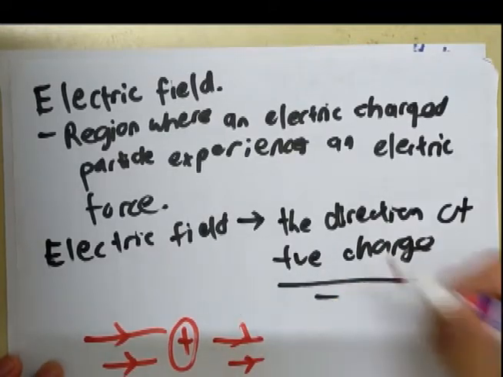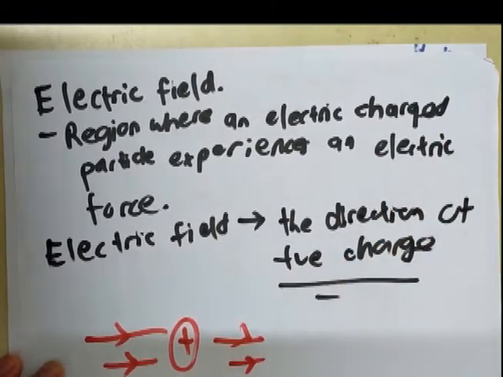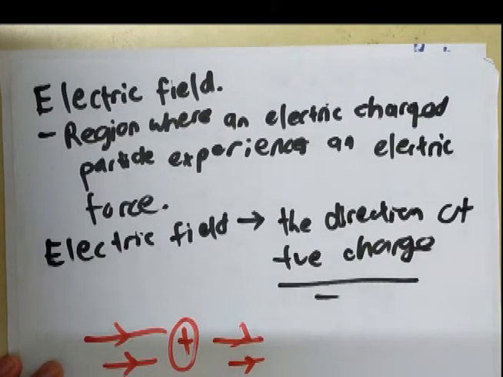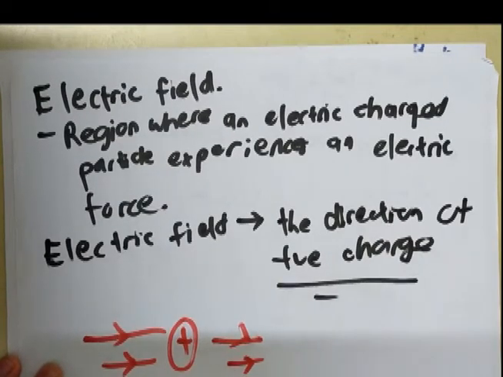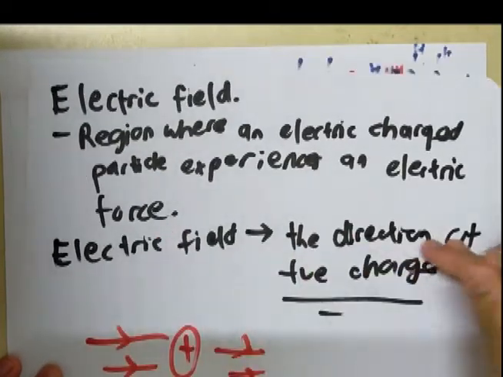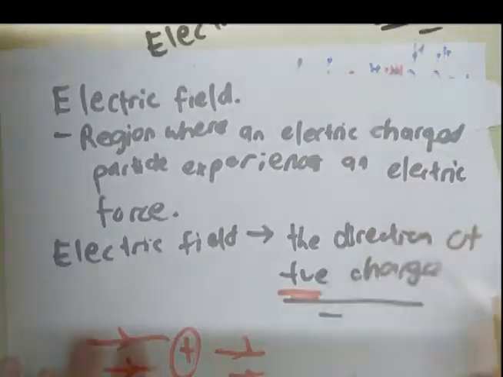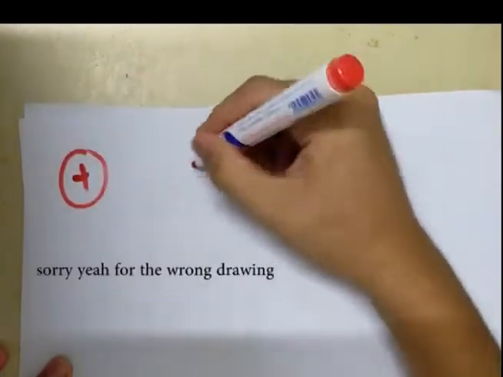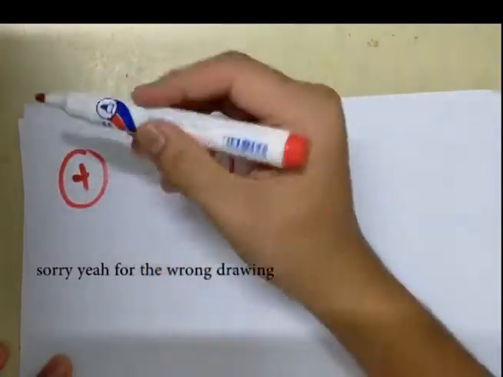Remember, there are questions that ask you where is the current heading, or where are the electrons. So you have to know that electric field means the direction of positive charge. There are a lot of diagrams about electric field. The first one was the straight line one. Now there's this one, which is like that.